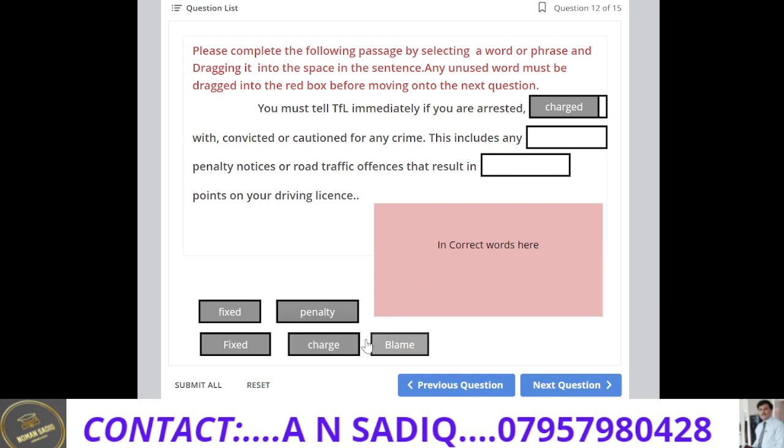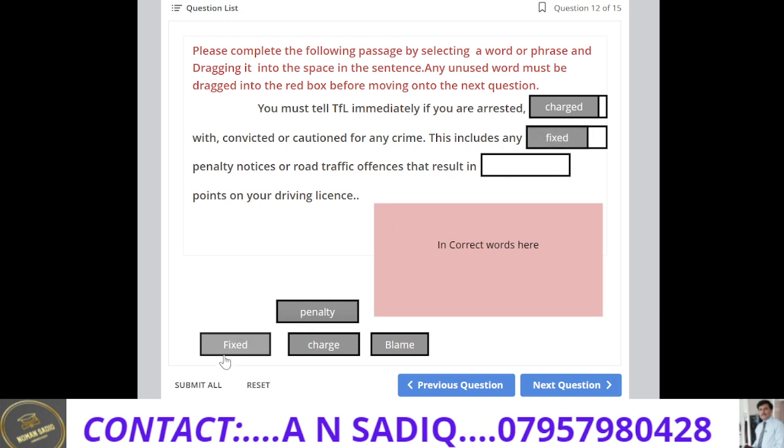This includes any penalty points. Not penalty points, because it says "any", then a gap, and then "penalty" is already written. So penalty notices. Which penalty notices might it be? It should be fixed penalty notices. So this includes any fixed penalty notices.